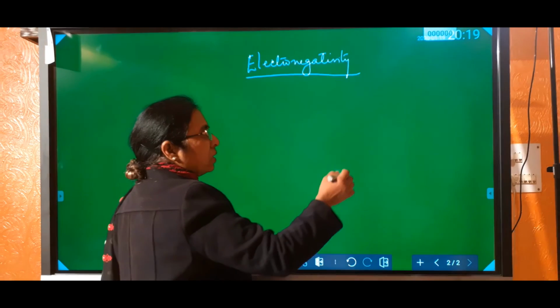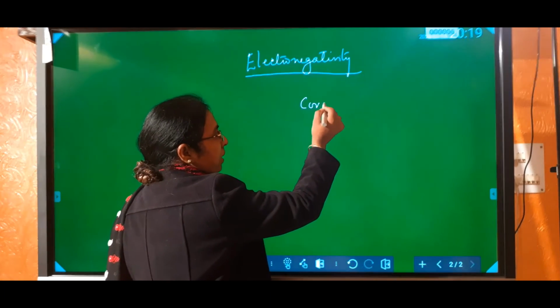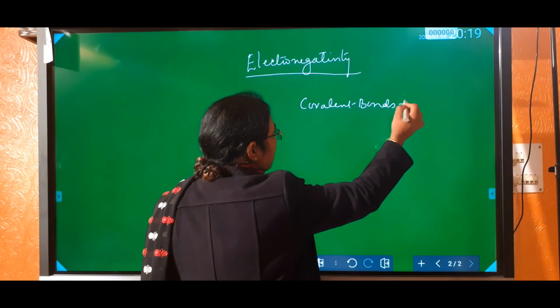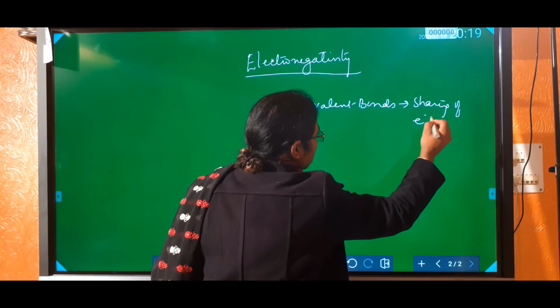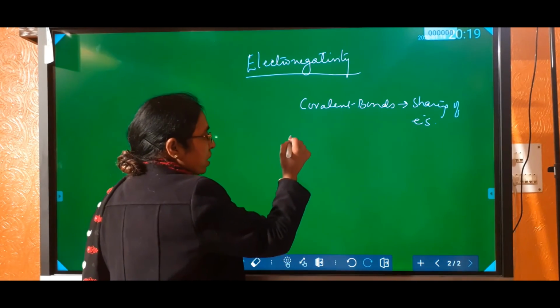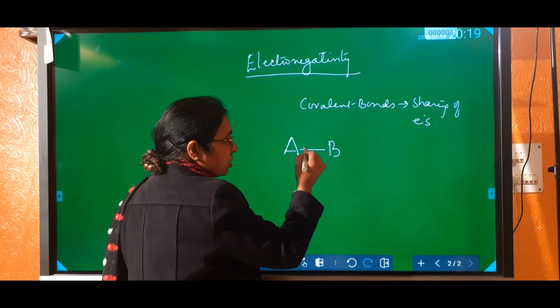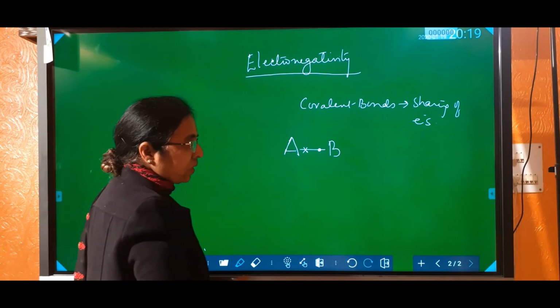We have learned in our previous chapter about covalent bonds, which are formed by sharing of electrons. Now say A and B have shared their electrons and formed this covalent bond.